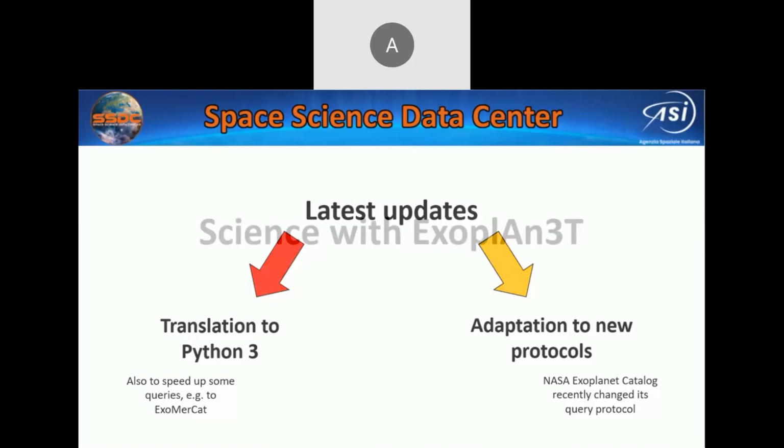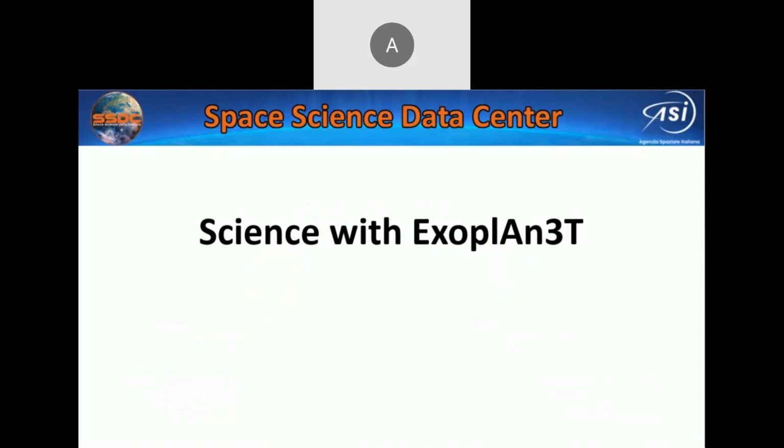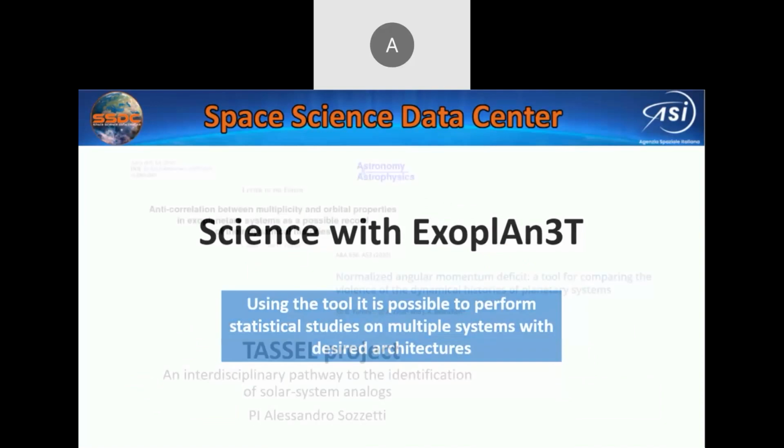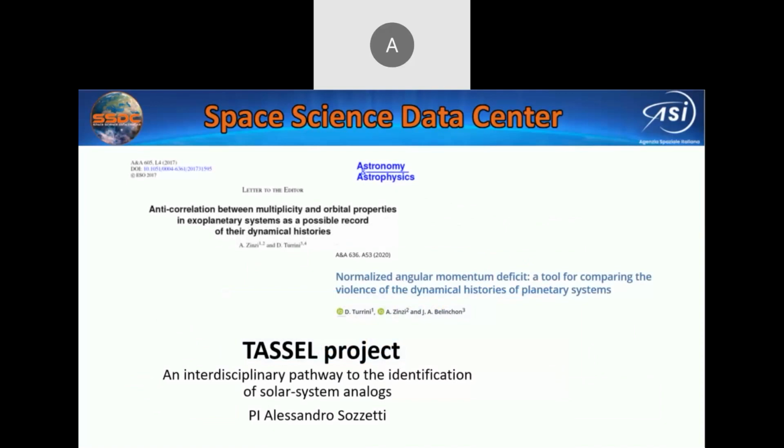We have already done science with Exoplanet, in particular because using the tool it is possible to perform statistical studies on multiple systems with the desired architectures. These are some of the papers published so far, in particular together with Diego Turrini of the National Institute for Astrophysics.